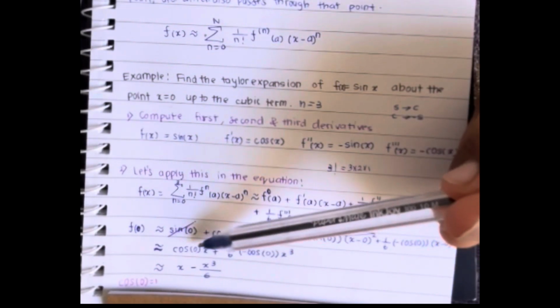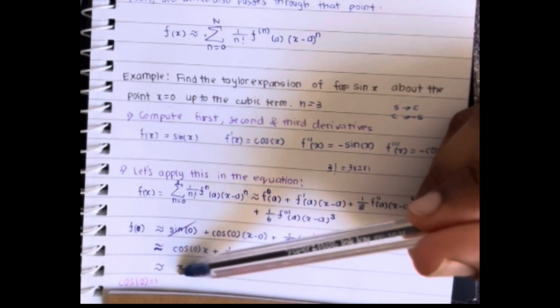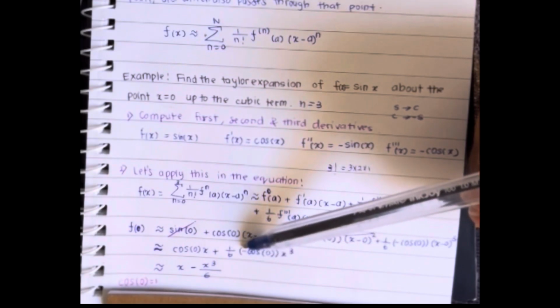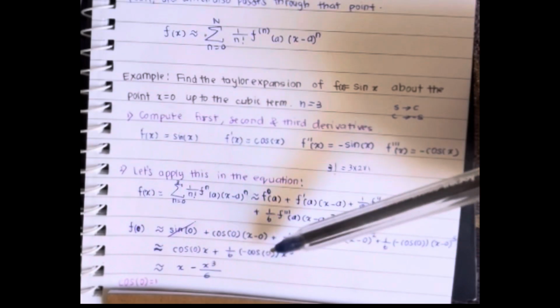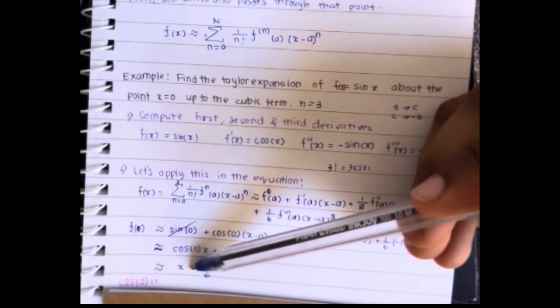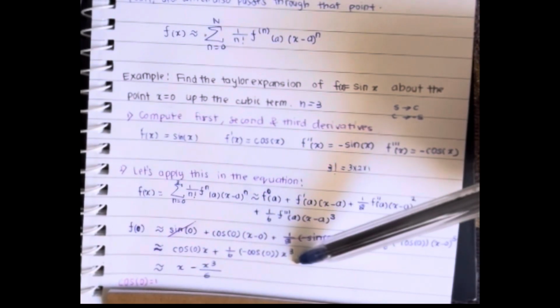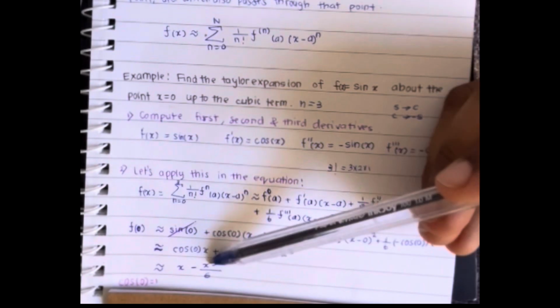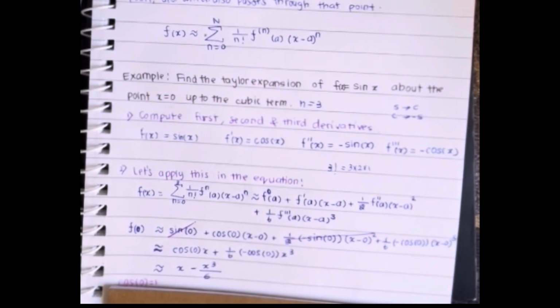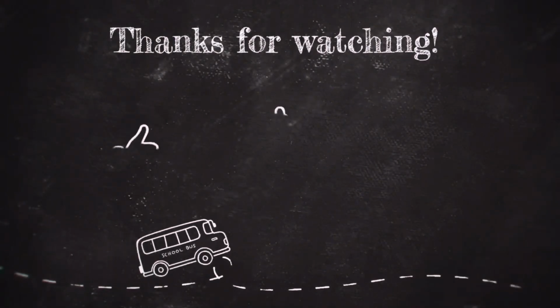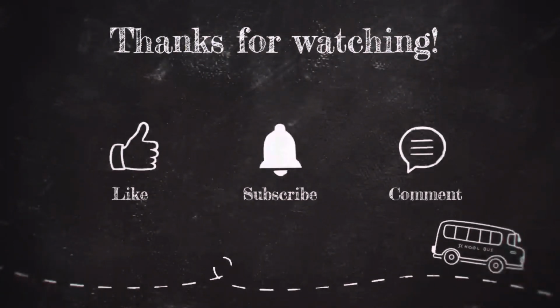So cos of 0 is just 1, so we have x here. Then negative cos of 0 would be negative 1, so this sign would become negative. Then we have this x to the power of 3 here, divided by 6. So this would be our answer.